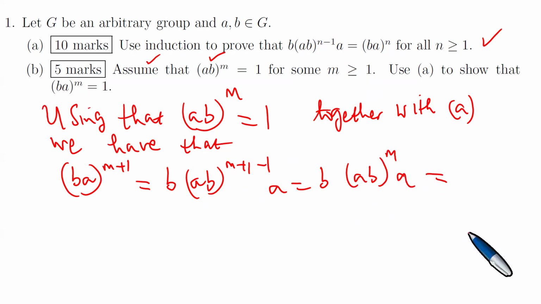So what is this? Right, by the principle we have, whenever you have exactly the B, AB to the power m, A, it is exactly the same as what? Right, so I want us to look at this very carefully and analyze it together.